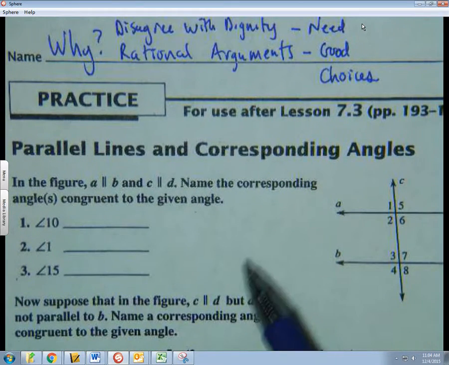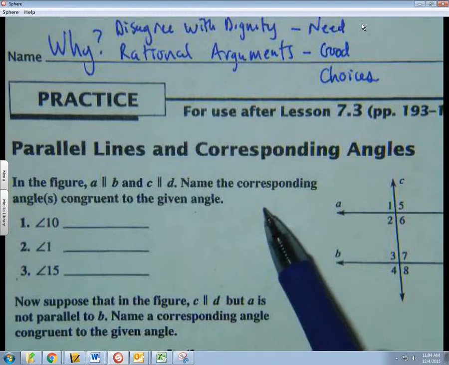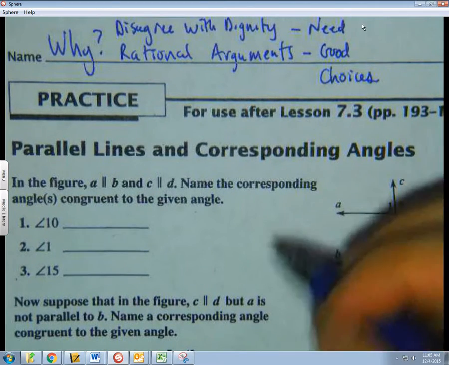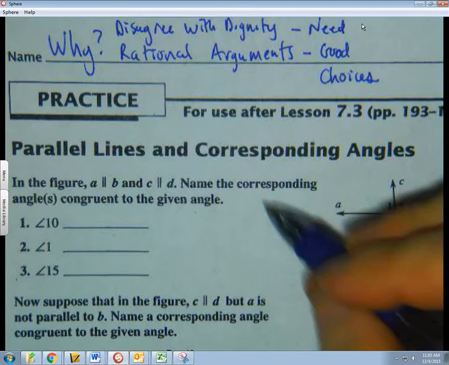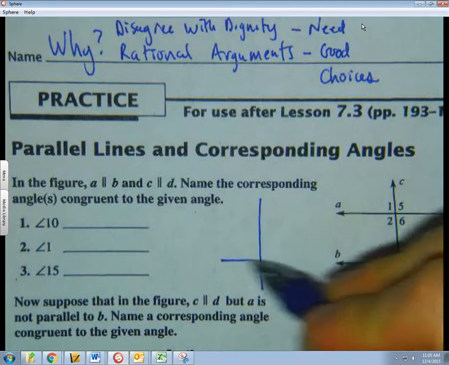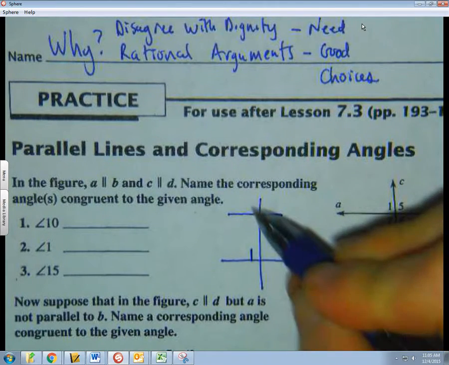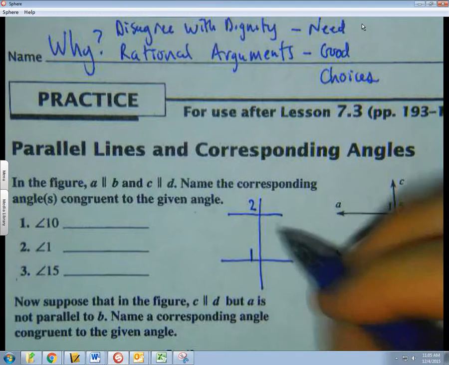All right, so let's dive into this. Corresponding angles. So if you remember, corresponding angles are on the same side, but one's inside, one's outside. All right, so this is corresponding.